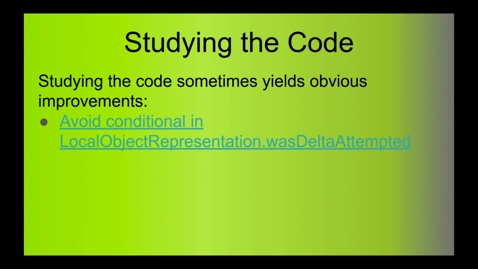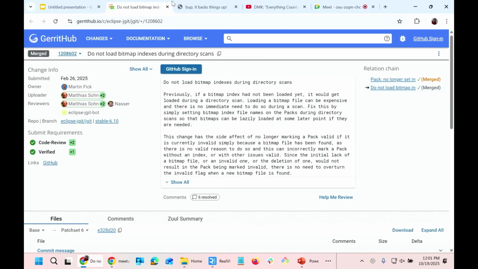And the parent class type had a conditional, and I just got rid of the conditional, returned true always, and it sped things up a little bit. That was just obvious when looking at the code, like, wait, why are they putting a conditional there? Why does it keep jumping on me?